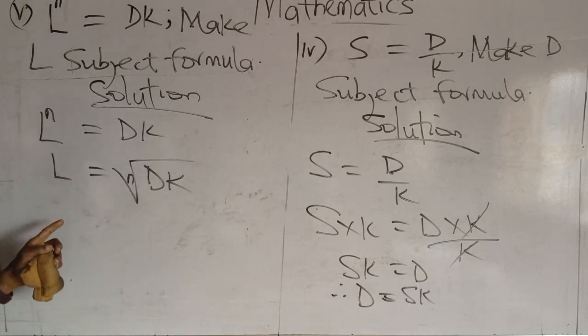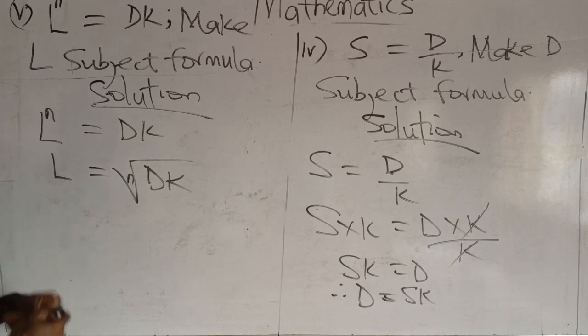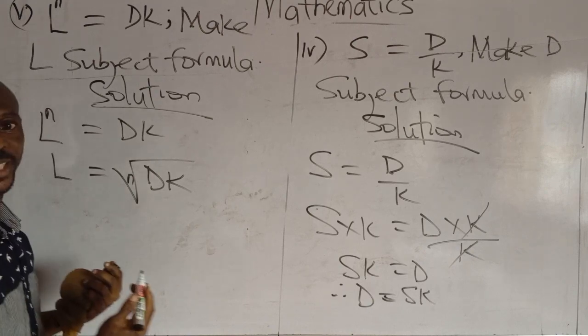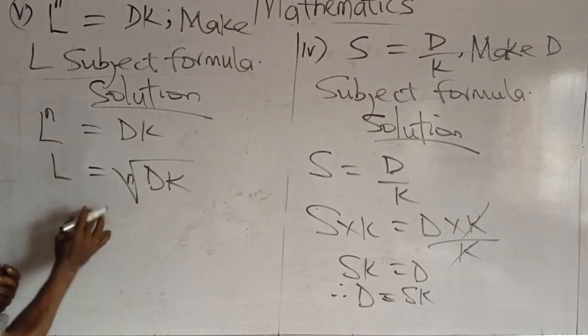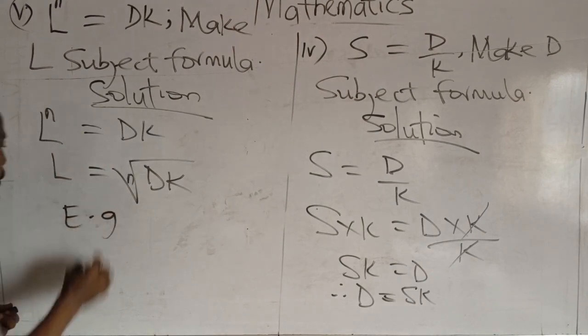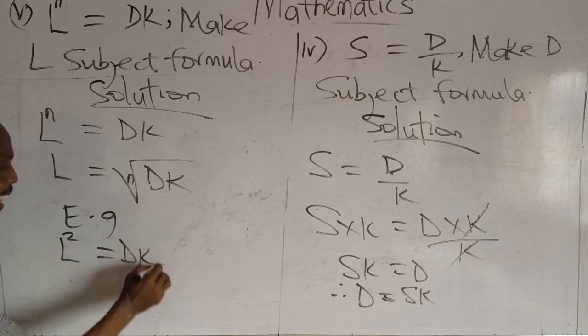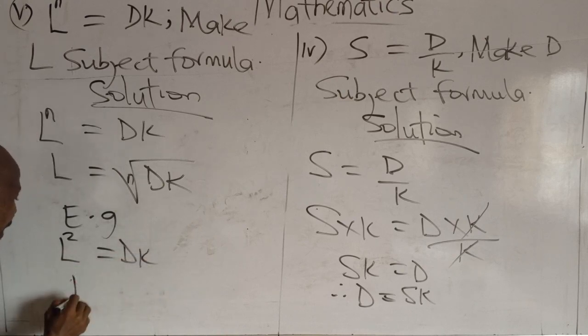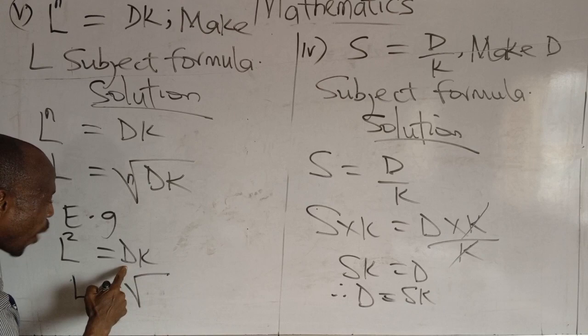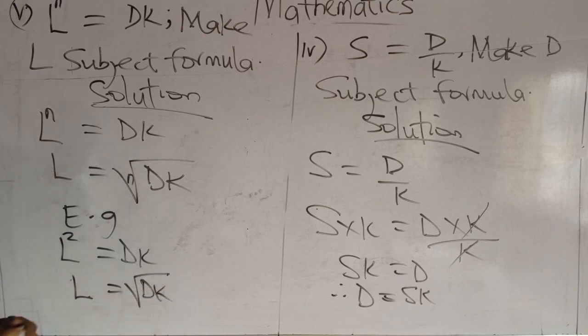What does this simply mean? I'm going to use some illustrations. For example, if we have L raised to power 2 equal to DK, L will now be equal to the square root of DK.